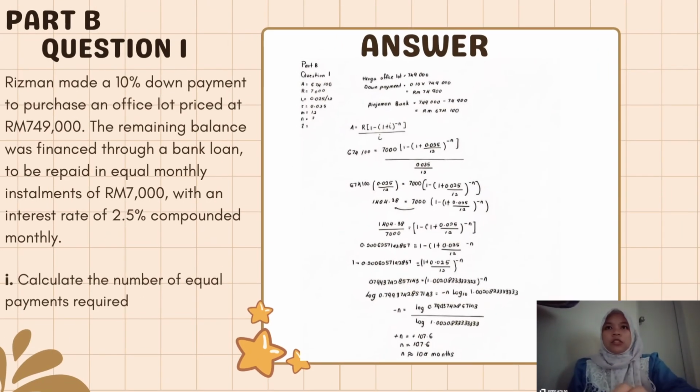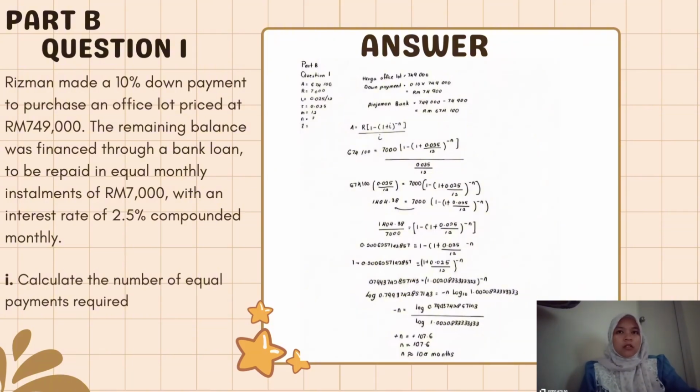For question 3, the question needs us to calculate the number of quarterly payments, and the question gives us the value of M and the value of K, and from that we can find the value of I by dividing K by M. Then we need to multiply the down payment by the price of the office lot, and then subtract it from the original price of the office lot.